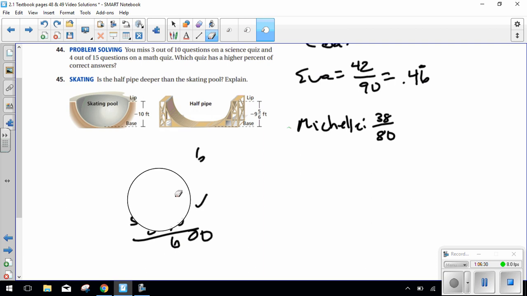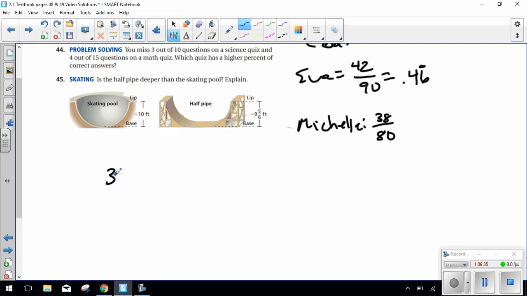Okay, and then we're going to work on Michelle here. We're going to take 38 and divide it by 80, decimal and a 0. 8 goes into 38 4 times. Yeah, 8 times 5 is 40. 8 times 4 is 32.